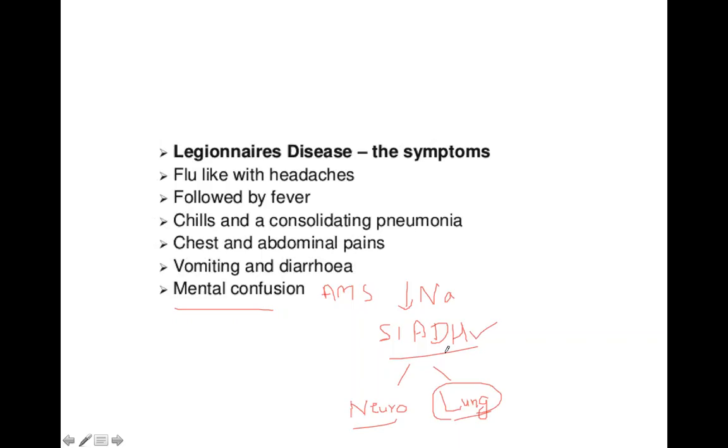What are the other causes of SIADH? Drugs, like the four Cs: carbamazepine, clofibrate, cyclophosphamide, and chlorpropamide. SSRIs and TCAs can also cause SIADH.